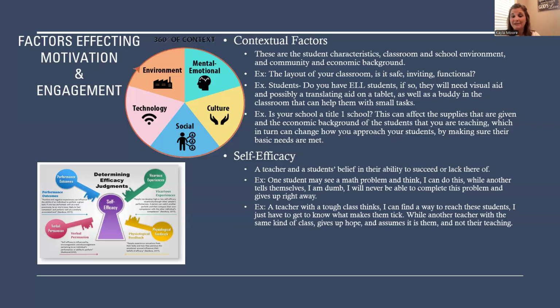They might just be missing that simple love. So this teacher is going to try to find everything that she can, or he can, to make sure that they know what makes them tick. While another teacher with the same kind of class gives up hope and assumes it is them and not their teaching, and there's nothing more that they can do for them.